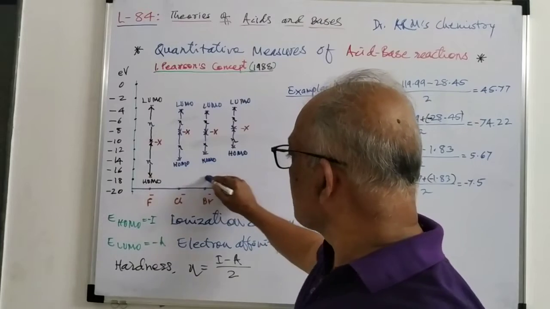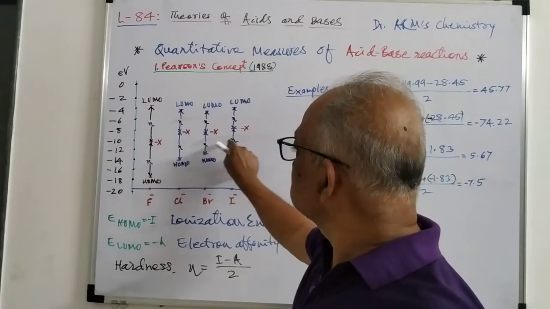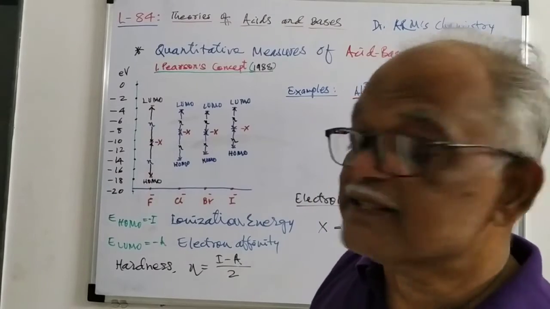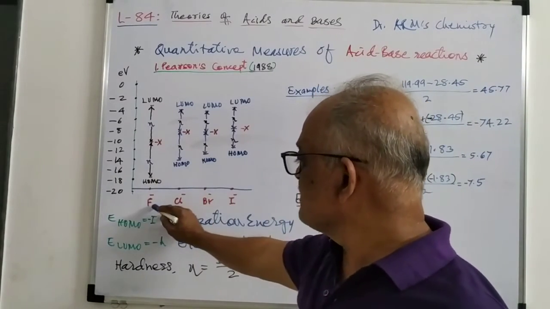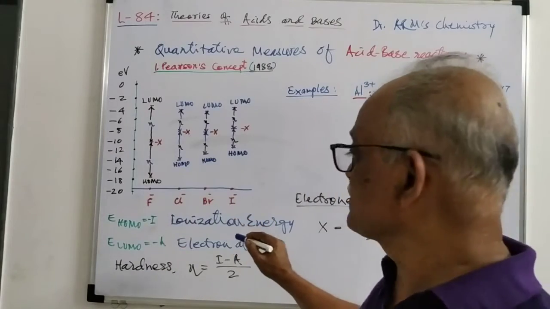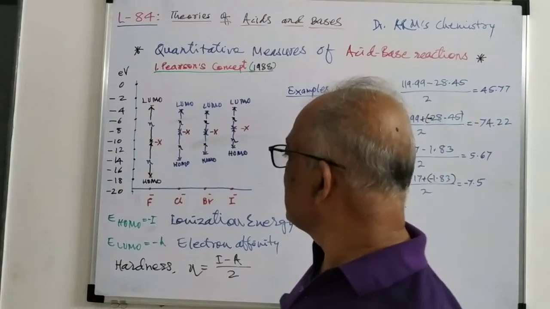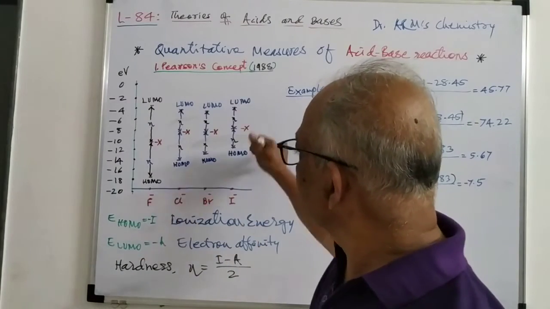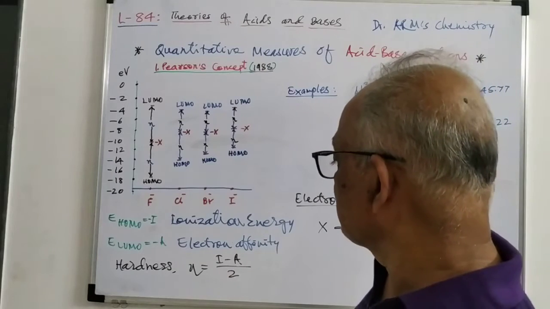As we move from F minus to I minus, the eta values decrease, which means the hardness of these species decreases. F minus has the highest value of hardness. This is just for comparison of the hardness.